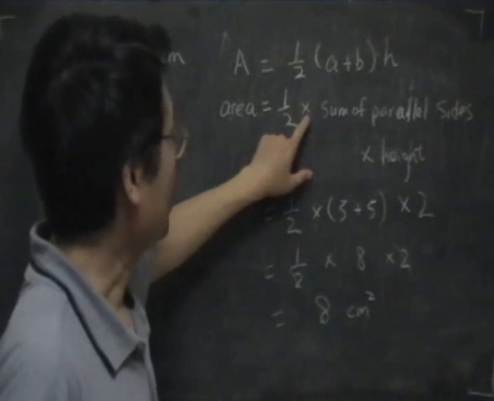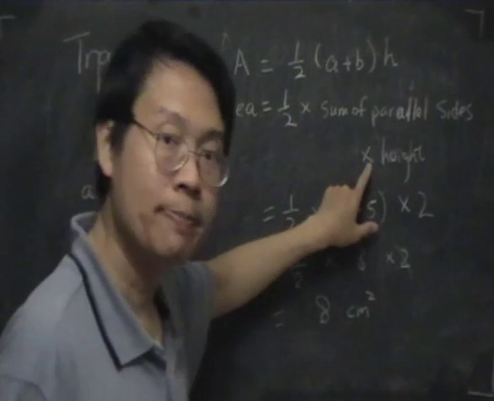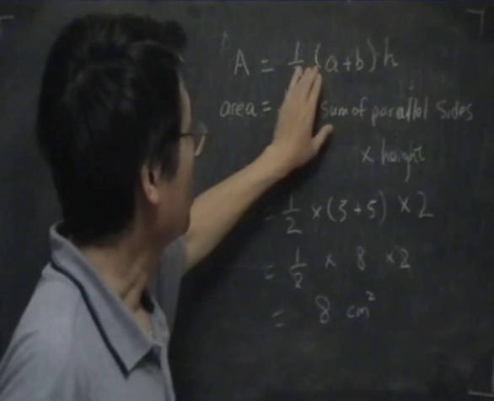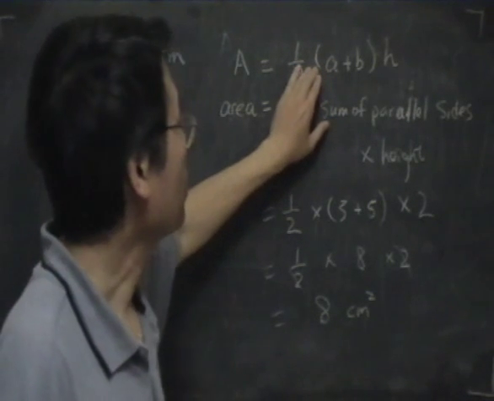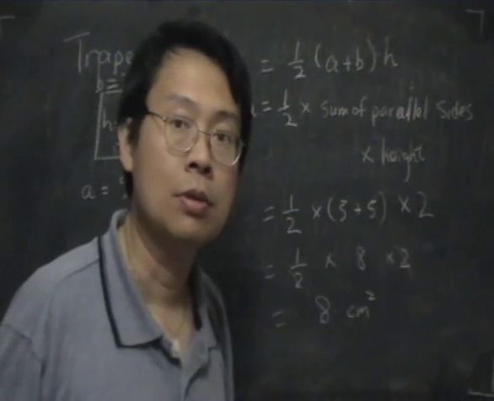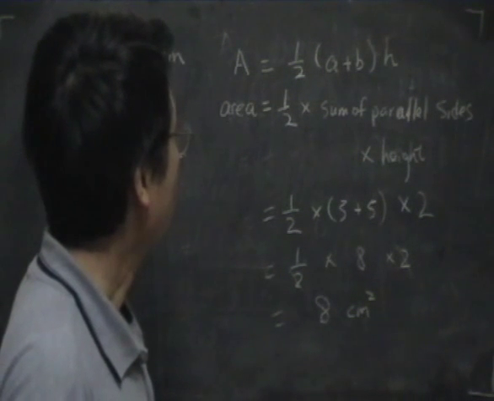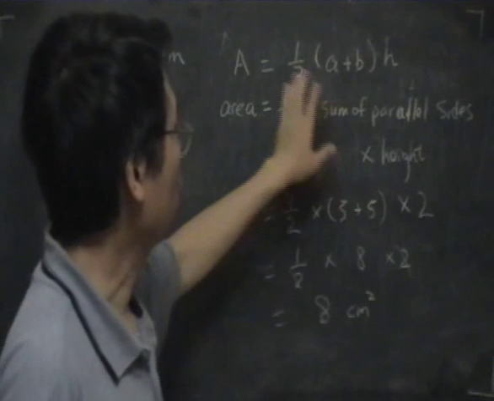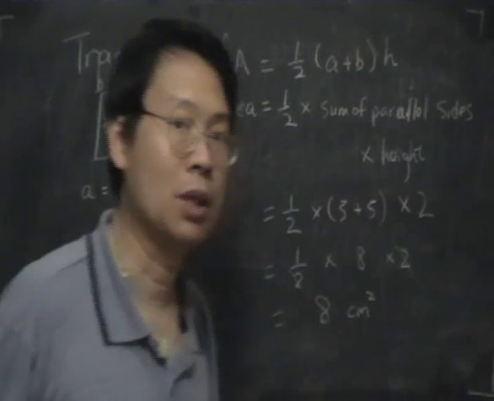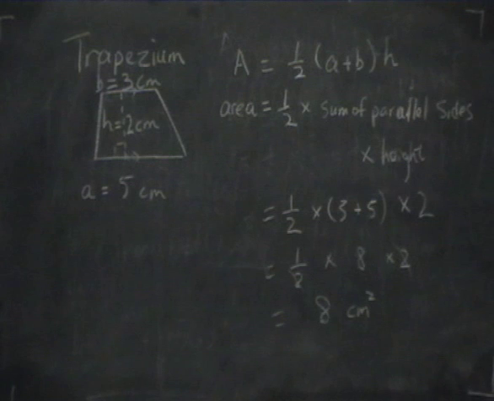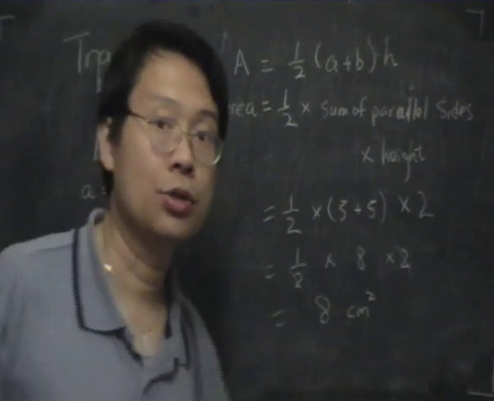I can leave out the times because in algebra, if you have two symbols next to each other, it means that you multiply. Okay, so that's the formula for a trapezium.